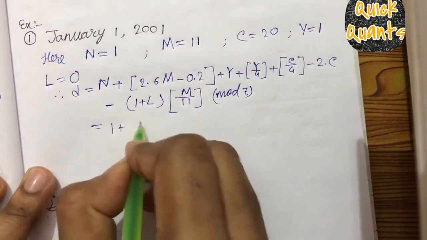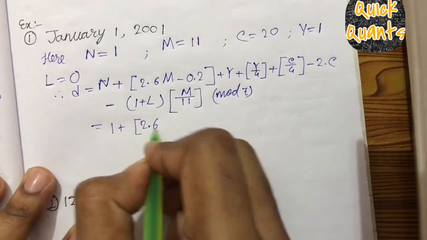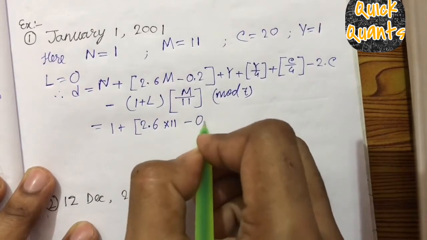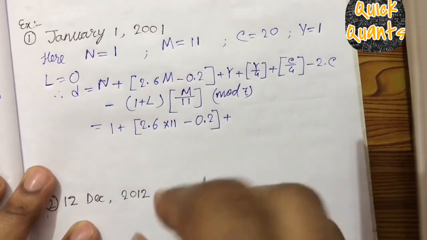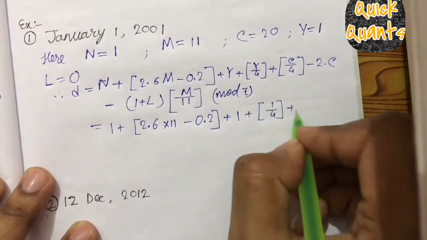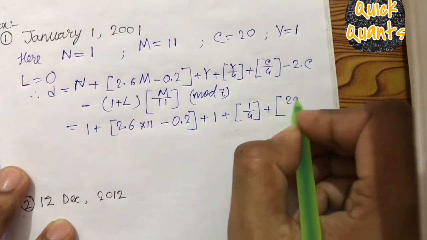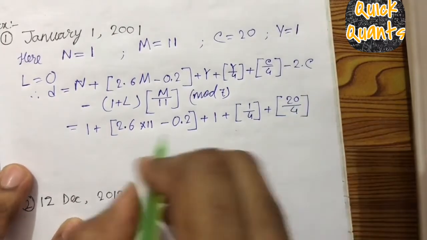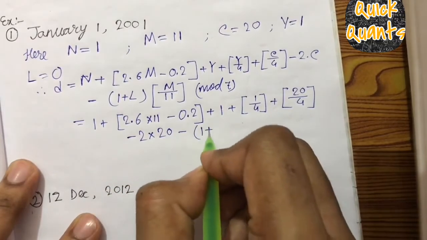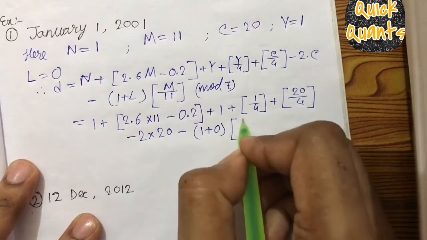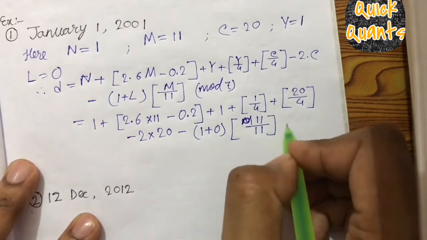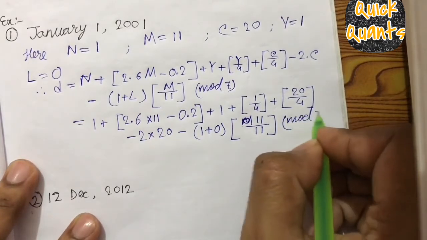This becomes N is 1 plus floor of (2.6 multiplied by M, which is 11, minus 0.2) plus Y, which is here 1, plus floor of 1 by 4 plus C, which is 20, by floor of 20 by 4 minus 2 multiplied by 20 minus 1 plus L, which is 0, into floor of M, which is here 11 by 11, mod 7.